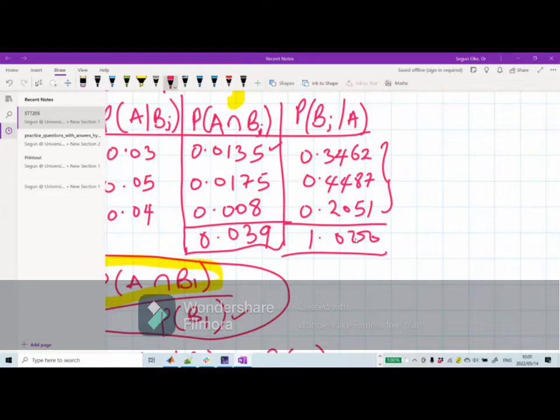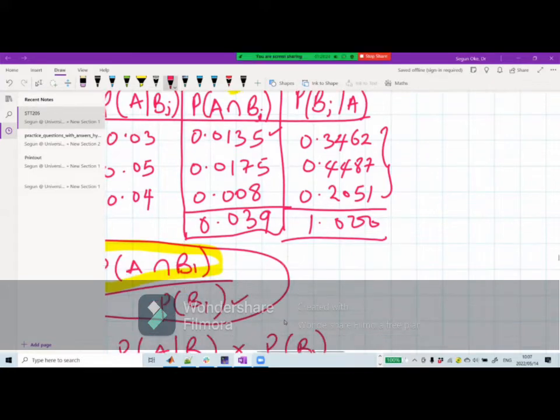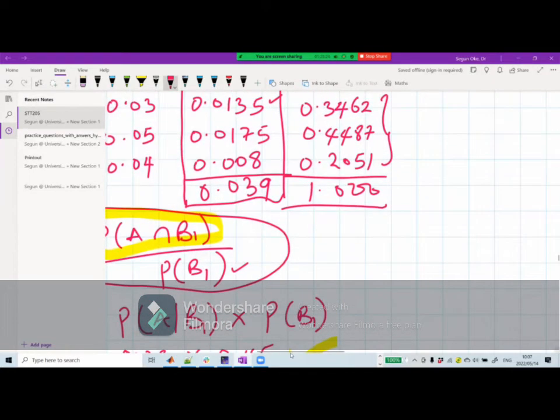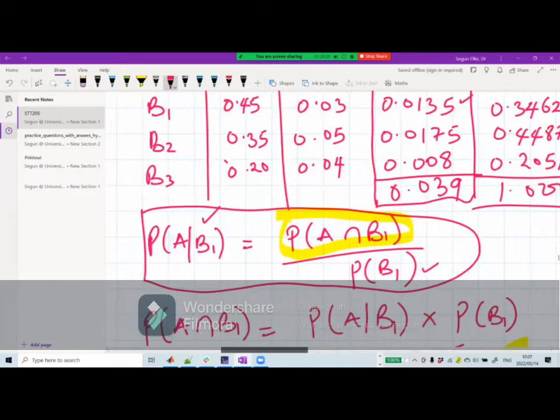Because the last tutor only marked few, remember, and the probability of committing the error is also a bit high. You can see he only marked few, 20%. But B2 marked 35% of that total script. We don't know the number of thousands of the script.